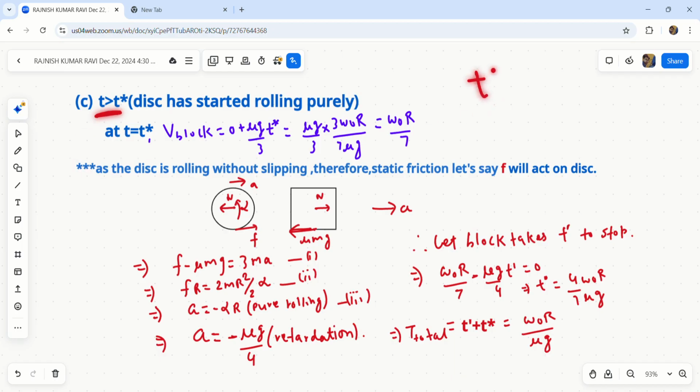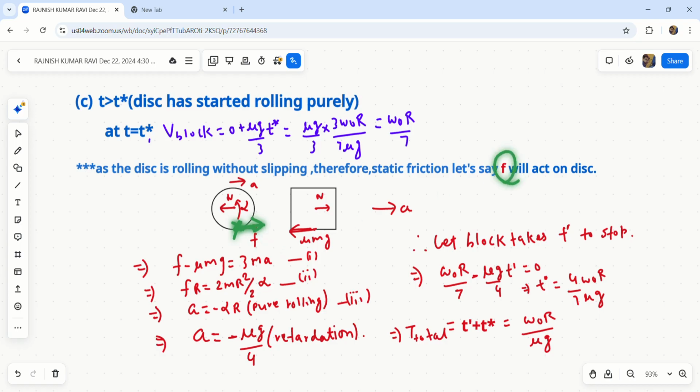Since at t star the disk has started pure rolling, for this time period the disk will be rolling purely. As the disk is rolling without slipping, this point will not have slipping anymore. So static friction will act at this point.